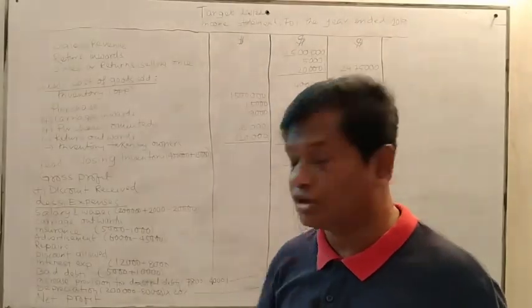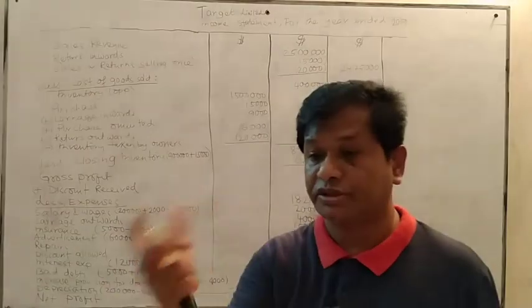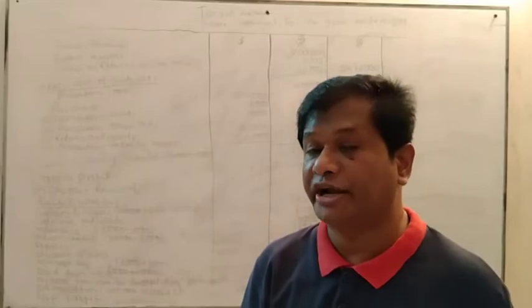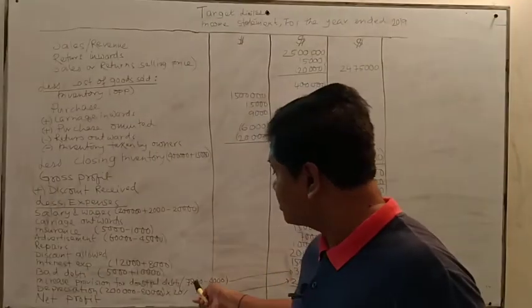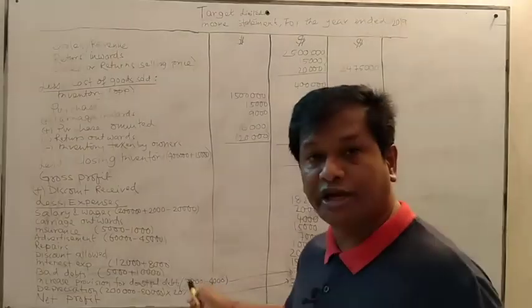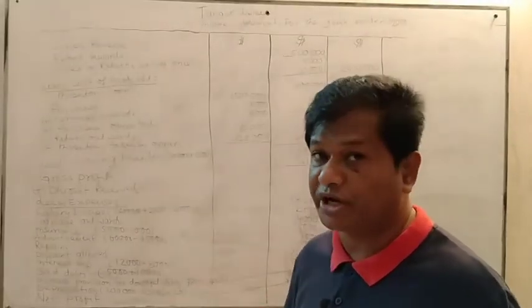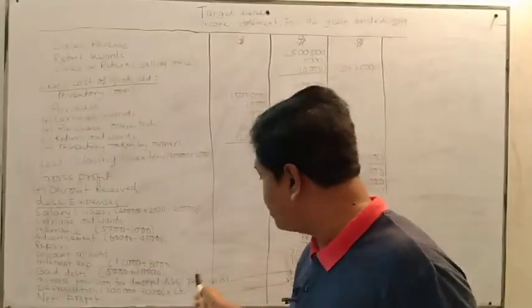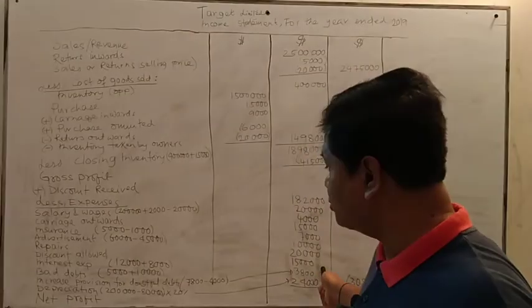You use the calculator. So you got 7,800. Because the previous year provision for doubtful debts was kept at 4,000, the current year provision is 7,800, but the previous year provision was 4,000, so it is to be subtracted. This figure is the increase in provision for doubtful debts, so it is to be written in the income statement, that is 3,800.